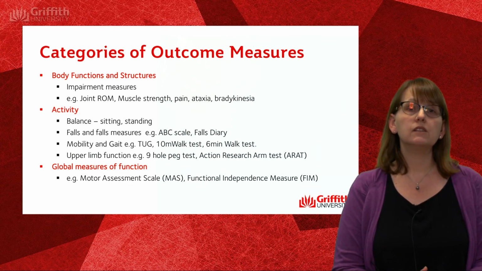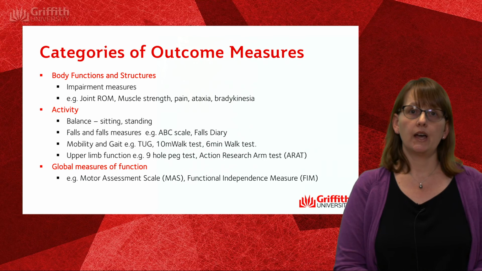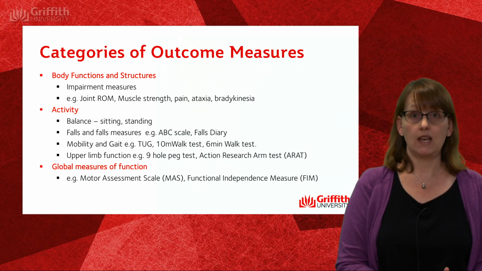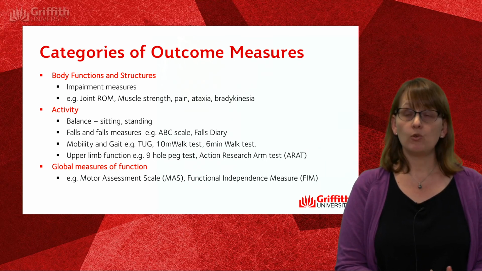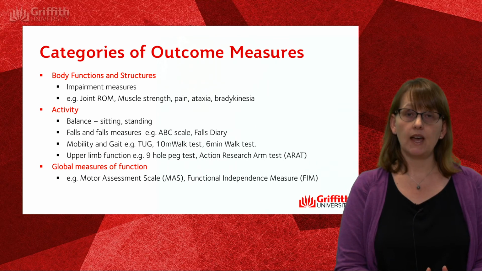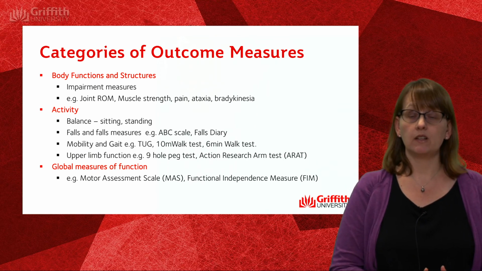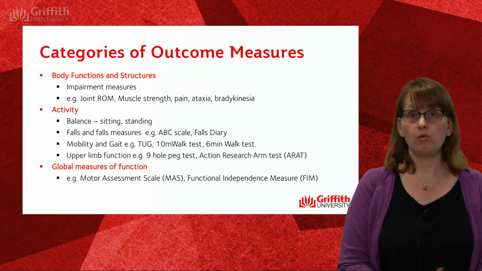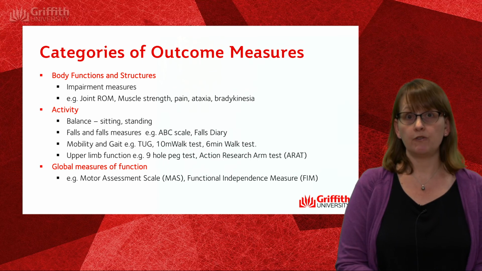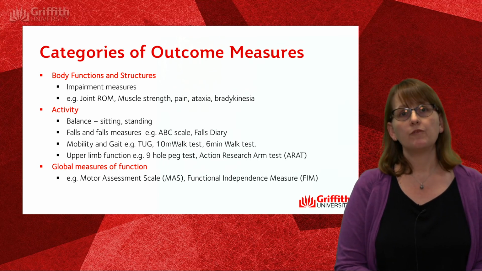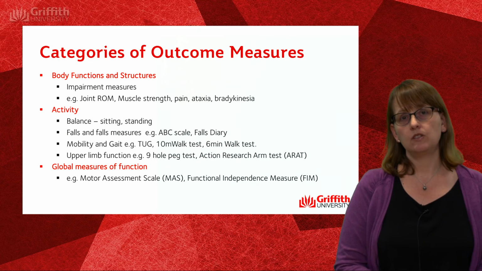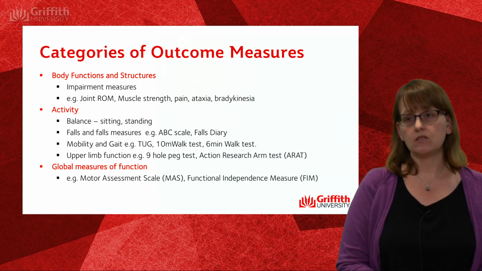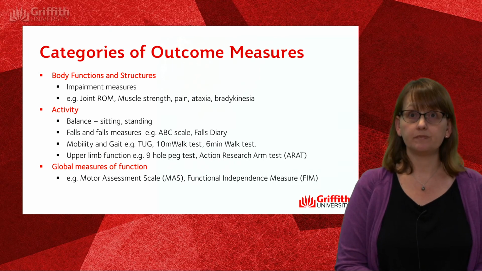Or we can look at the activity level, such as balance in sitting or standing, falls and falls measures, so the ABC scale or the activity specific balance confidence scale or a falls diary could be used for measuring falls. For measuring mobility and gait, we could use measures such as the timed up and go, the timed 10-metre walk test or the 6-minute walk test.